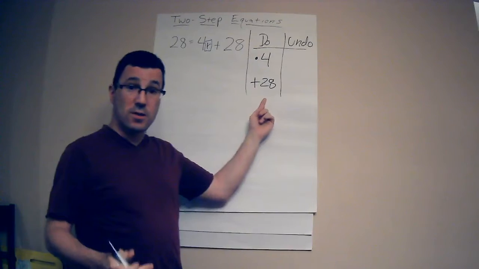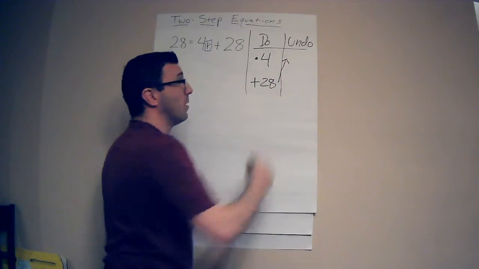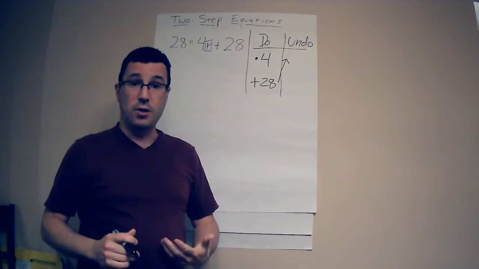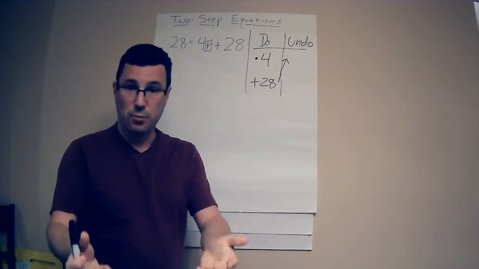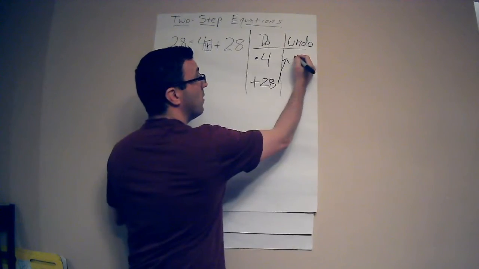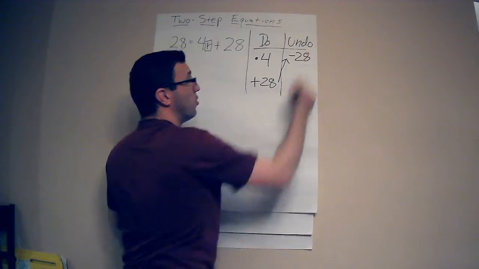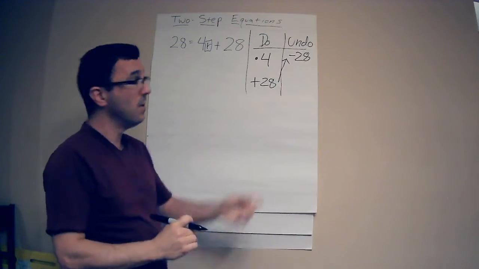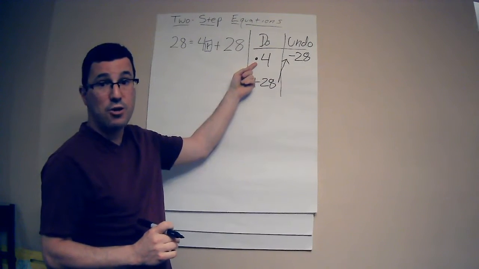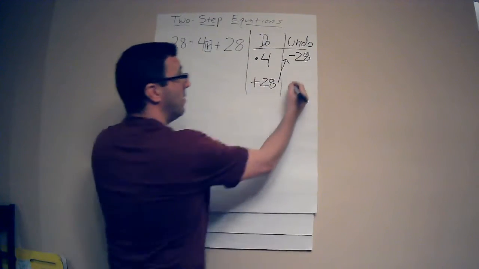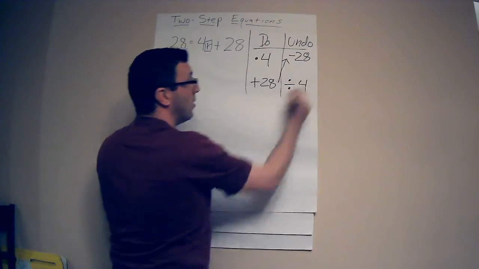So the first thing we're going to do is subtract 28. And then we have to undo the multiplication by dividing by 4.